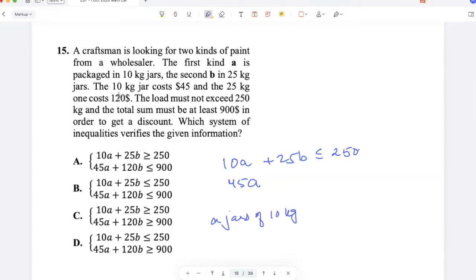Because one jar of 10 kg costs 45. So 45A plus 120B should be greater than or equal to 900, because only when it's greater or equal will you get a discount. So 10A plus 25B is less than or equal to 250 and 45A plus 120B should be greater than or equal to 900. So that's option D.